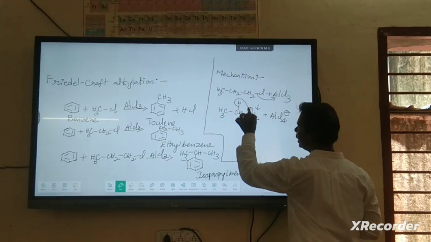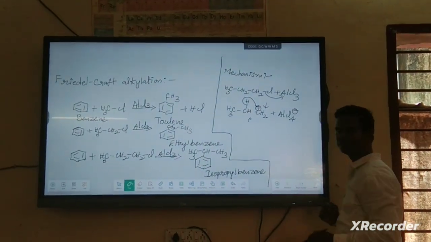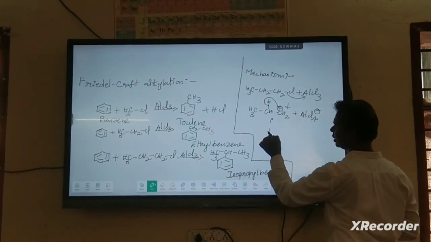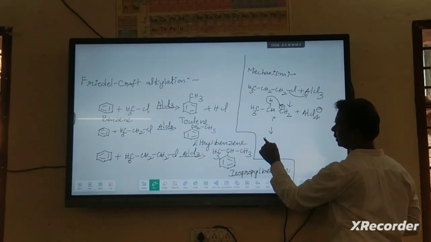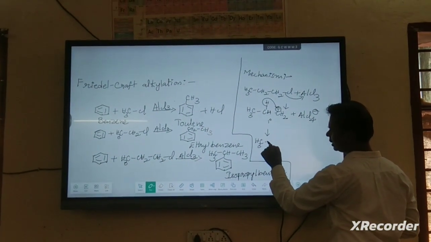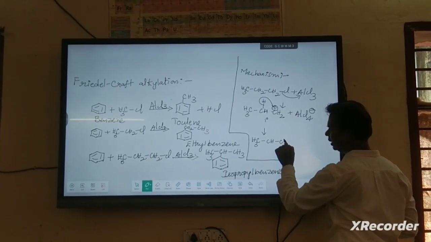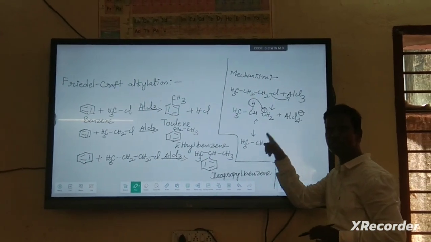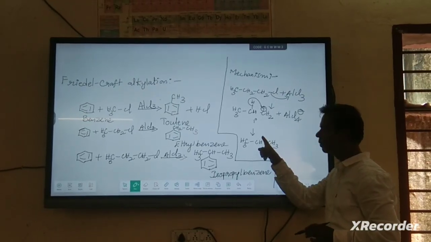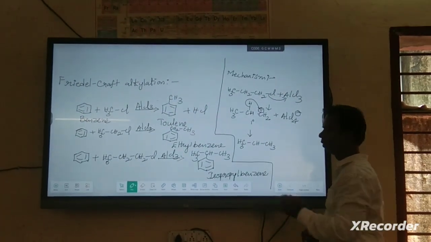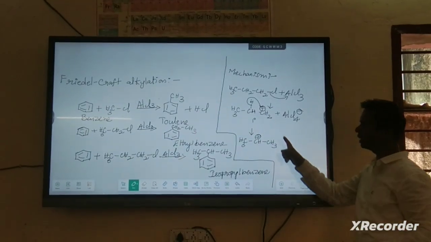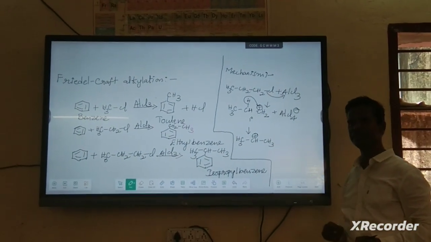This hydrogen is shifting to this carbon. What you are going to get? CH3 CH CH3, and here you are going to get the positive charge. This was the primary cation, and what about this?